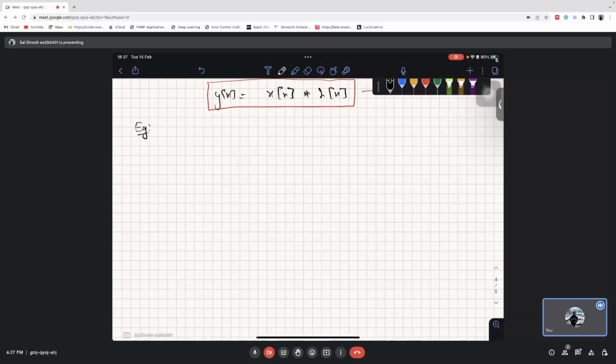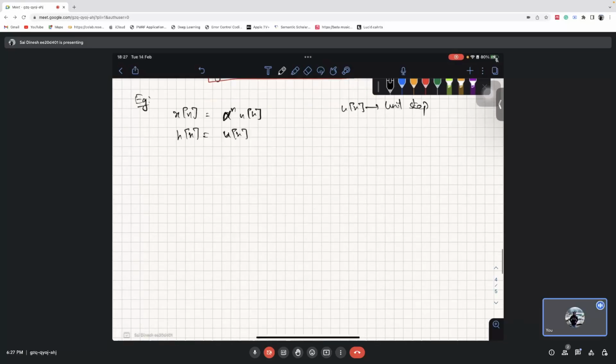Example, consider an input x of n, which is alpha power n times u of n, and then h of n is u of n, where u of n is the unit step, right?